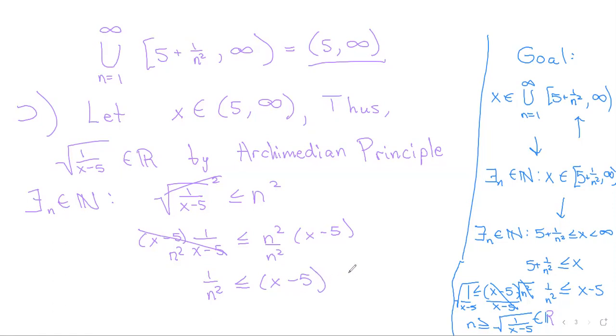And add 5 to both sides. So now we have x is greater than or equal to 5 plus 1 over n squared. But x is also less than infinity, as it's not included within the range. So we write that there.